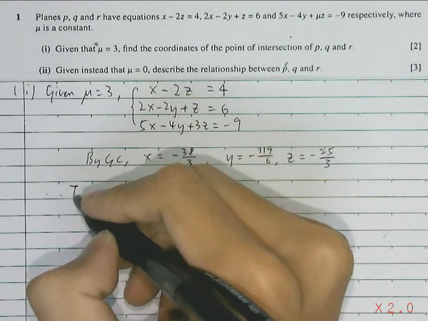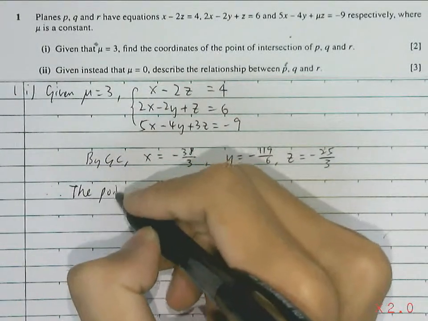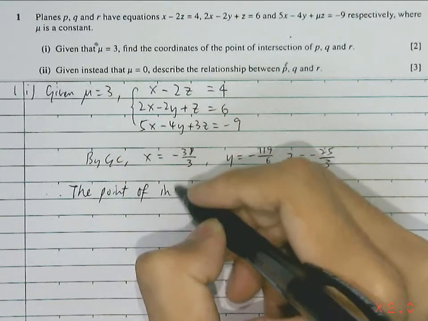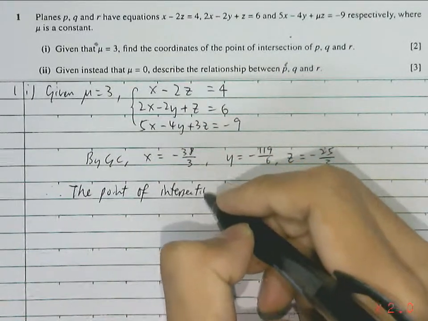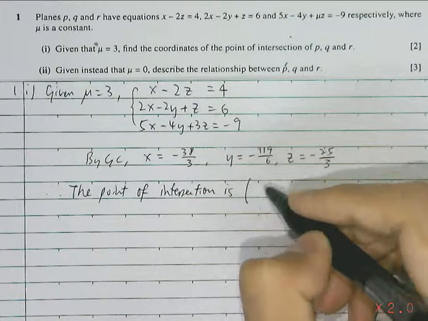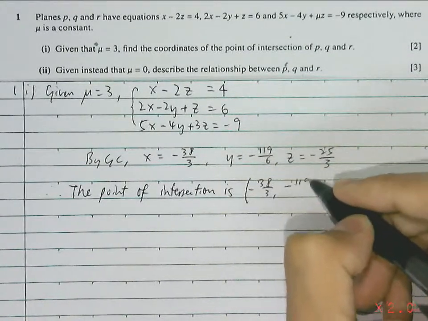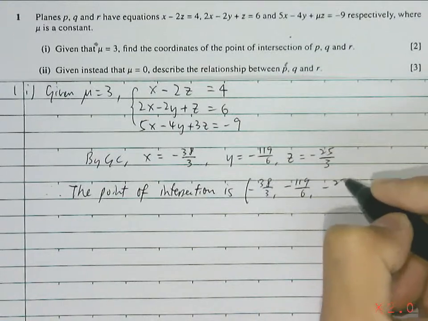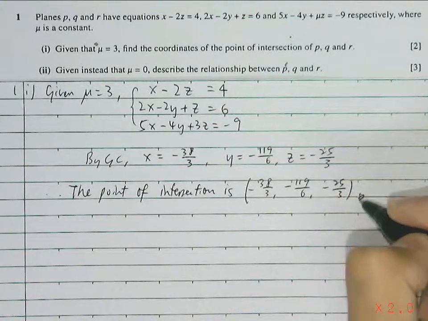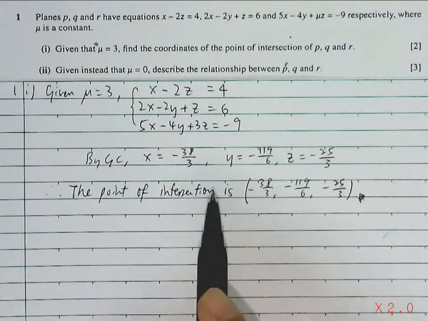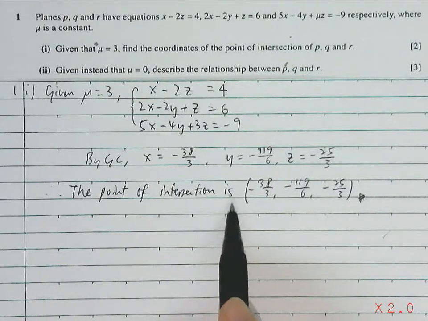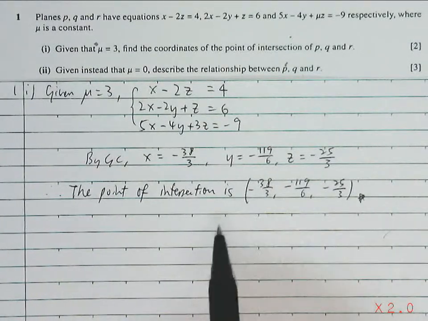So we write the answer statement. The point of intersection is negative 38 over 3, negative 119 over 6, and negative 25 over 3. Something to note is that we don't write an equal sign here. When we represent coordinates, we don't use equal signs.